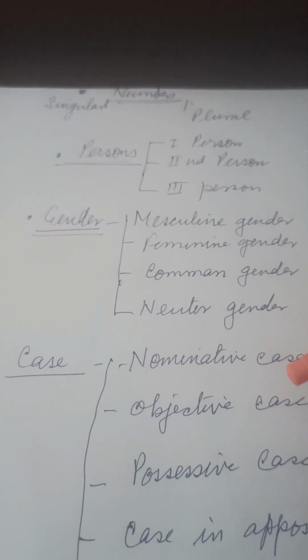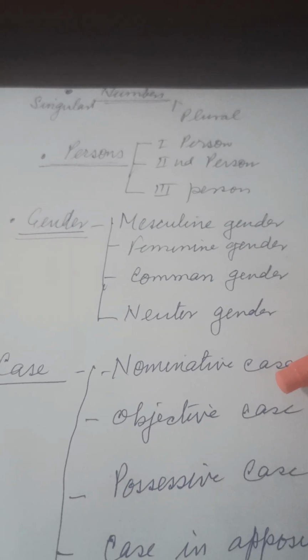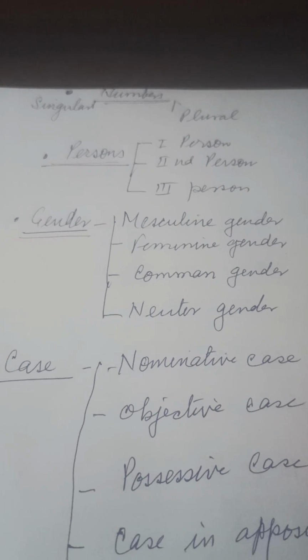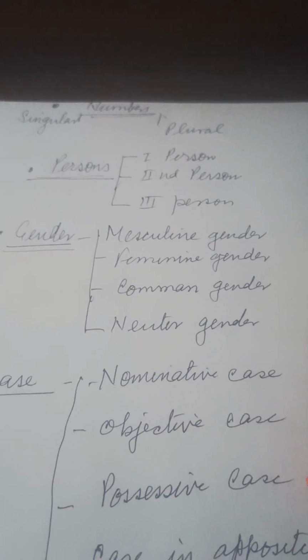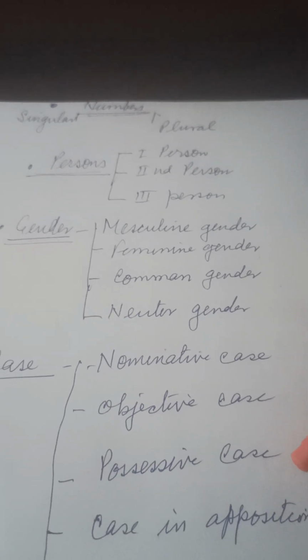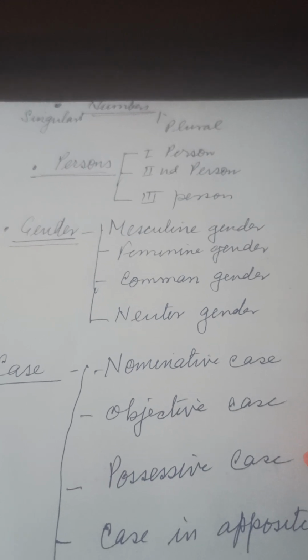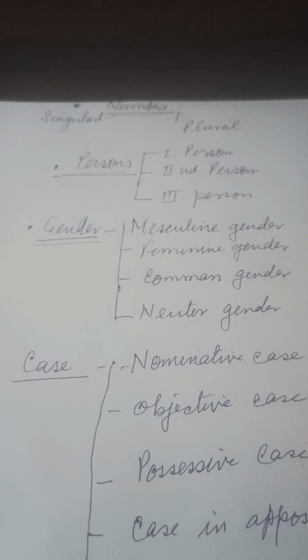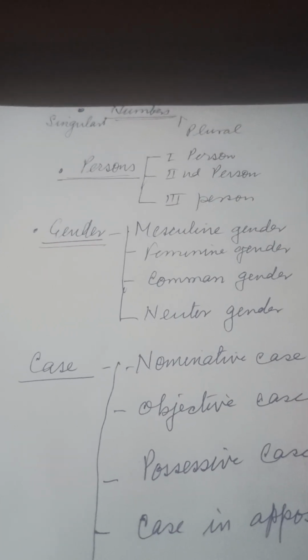Next is persons, first person, second person and third person. When these are clear, then we will be very clear in using them in sentences and in tenses also.